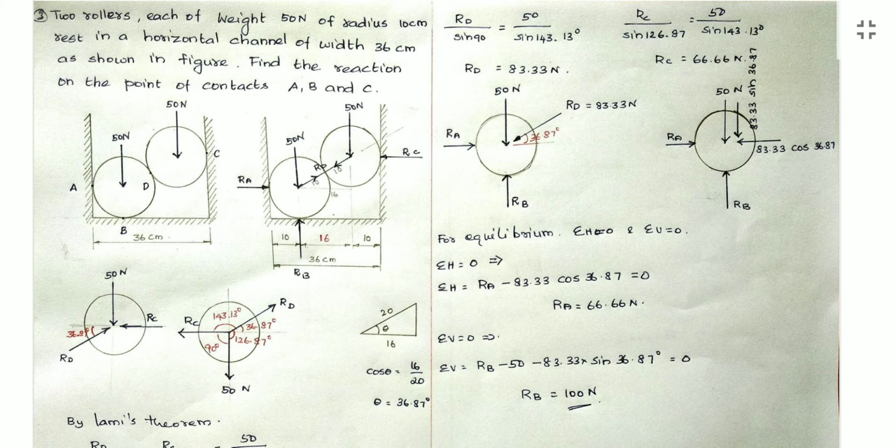So how to solve this? See the diagram. In the diagram we can understand that the two rollers are identical.